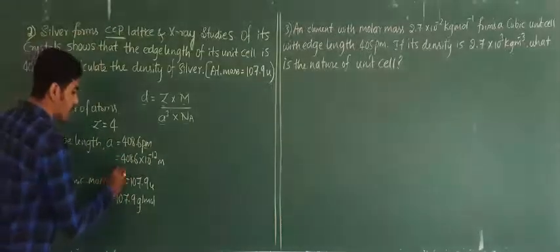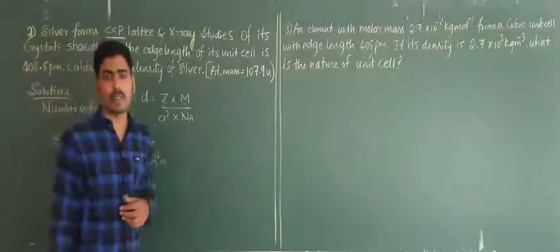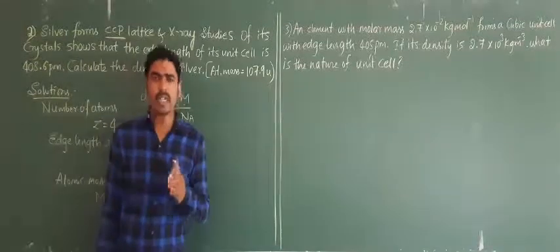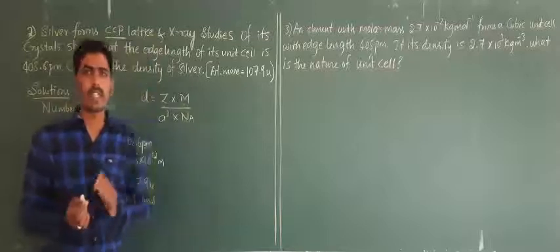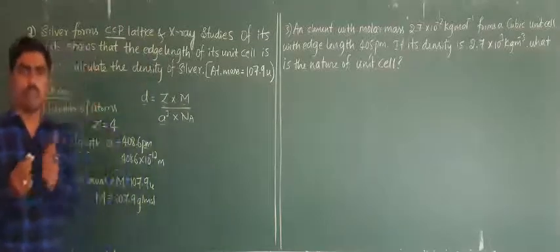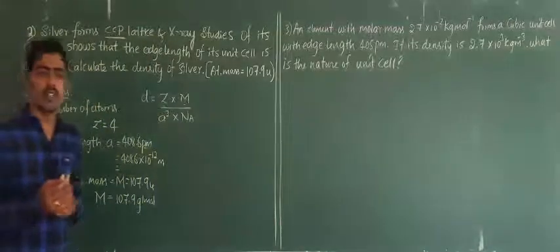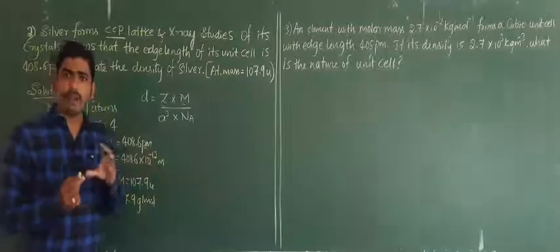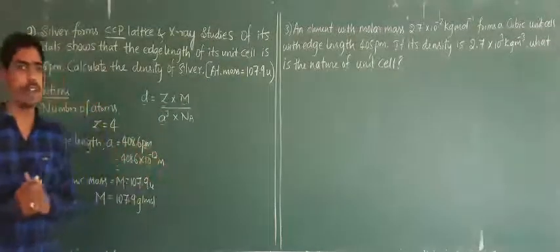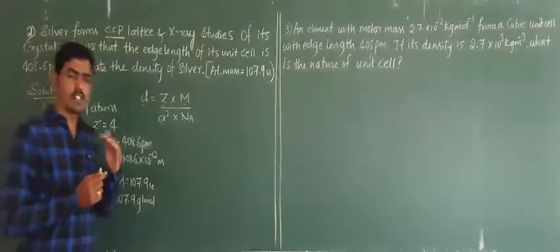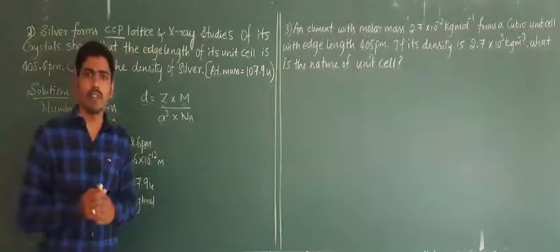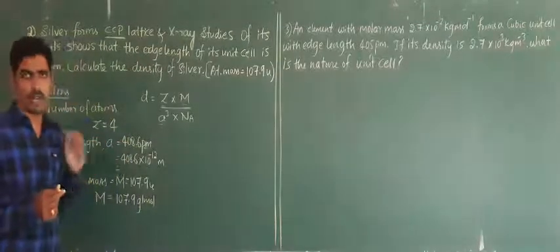How do you convert meter into centimeter? Meter is the larger unit, centimeter is the smaller unit. Whenever we convert a larger unit into a smaller unit, we have to multiply. When we convert a smaller unit to a larger unit, we have to divide.